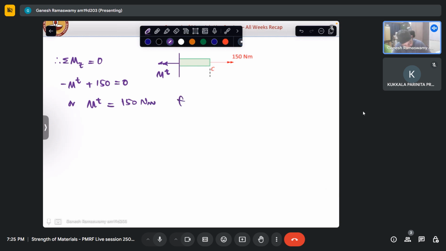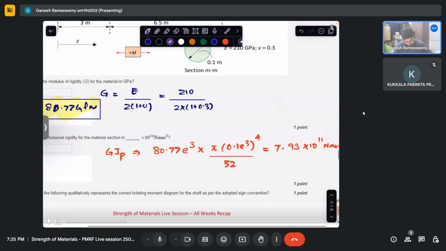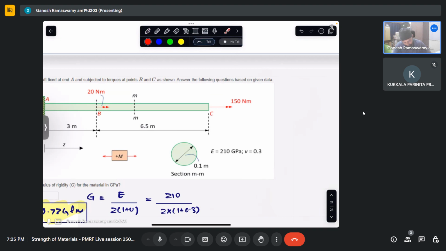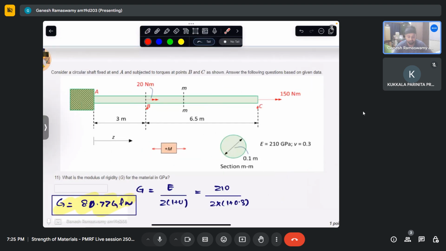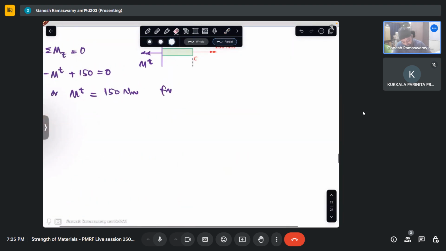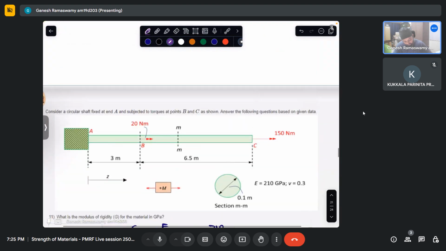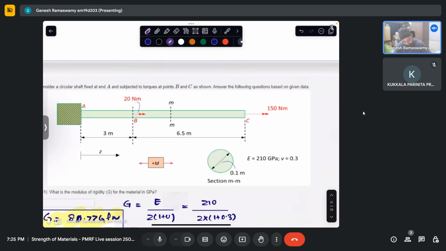For portion BC, wherever I cut, there is no other torque applied, so this will be constant positive 150 for portion BC. Now let us go to the next portion.